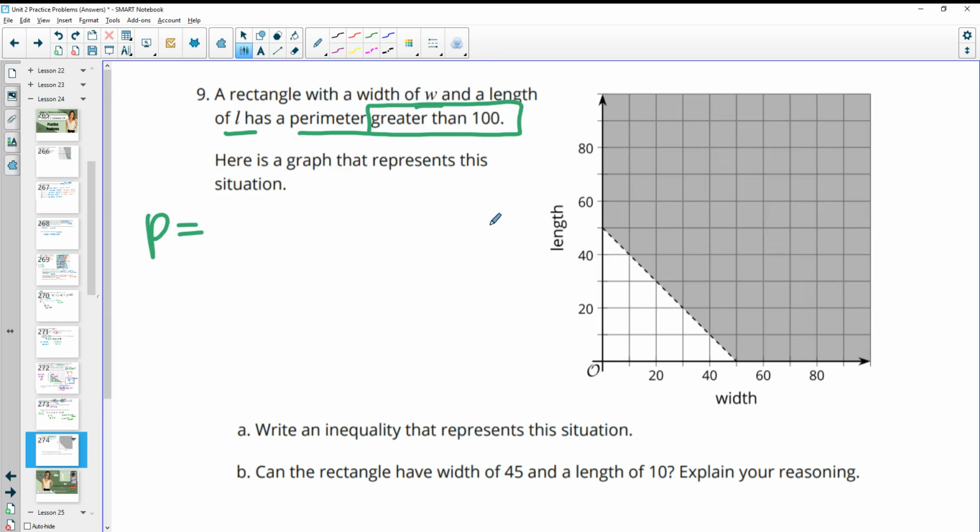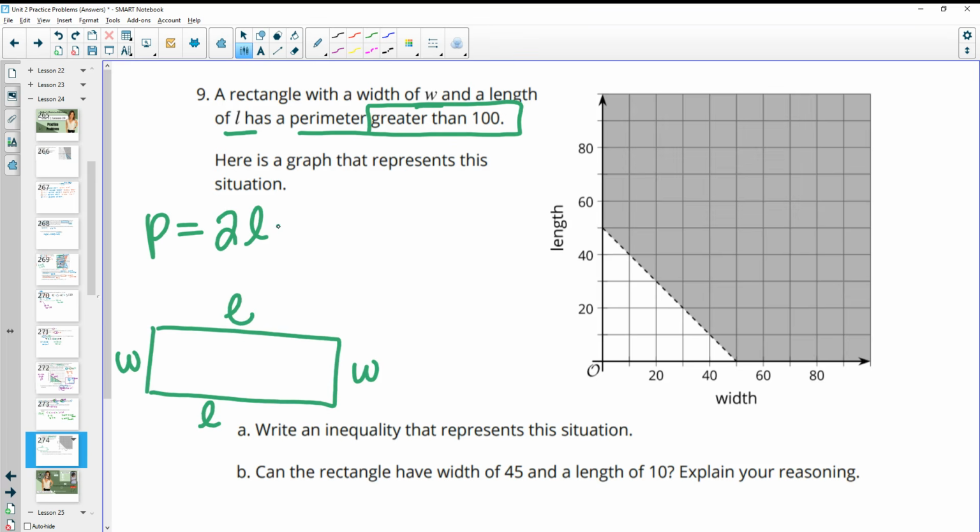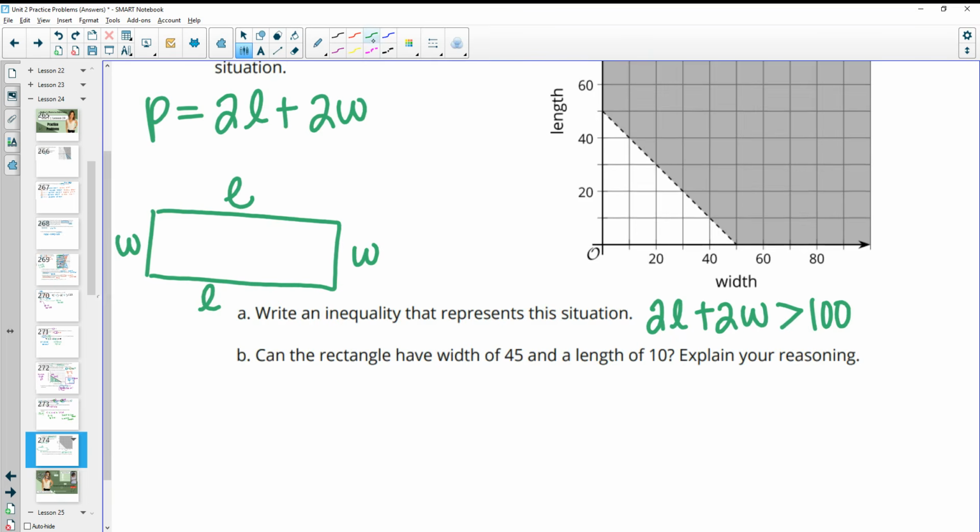So when you have a rectangle, so if I draw a rectangle, we've got the length and the width, but perimeter is adding up all the sides. So we actually have 2 lengths plus 2 widths for the perimeter. So the inequality for this is that 2 of your lengths plus 2 of your widths needs to be more than 100, not equal to 100, greater than 100.